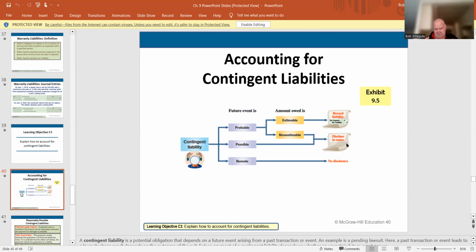There's no liability. And if we get a lawsuit that's so stupid and ridiculous that there's no way we're going to lose it, remote, you don't do anything, okay? So if we can estimate it and we think we're going to lose the case, we record the expense. If it's 50-50, we're not sure, then all you're required to do is put it in the notes.